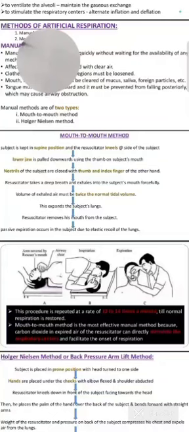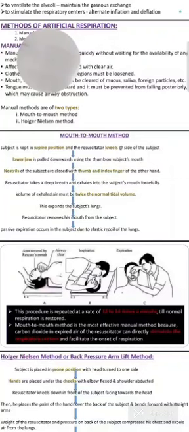So let us see the mouth-to-mouth breathing technique. The procedure: first, the subject is kept in supine position, and the resuscitator, the person who gives respiration to the victim, kneels at the side of the subject.